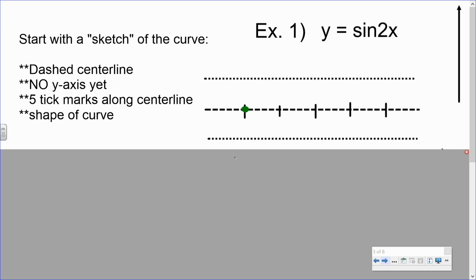It starts at center line increasing, so we want to make sure that we get these on the tick marks or nice and evenly above or below them. We're going to draw in the curve, and that's our starting point.